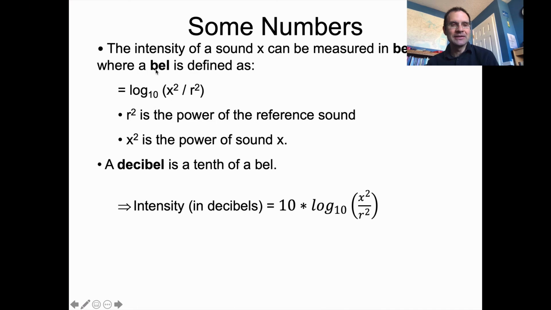So something which is 7 bells in intensity has 70 decibels of intensity. And we also switch the stress on that, again, how appropriate. So it's no longer a bell, but a decibel. I guess you could say decibel if you wanted to. But you use this equation to calculate its value.